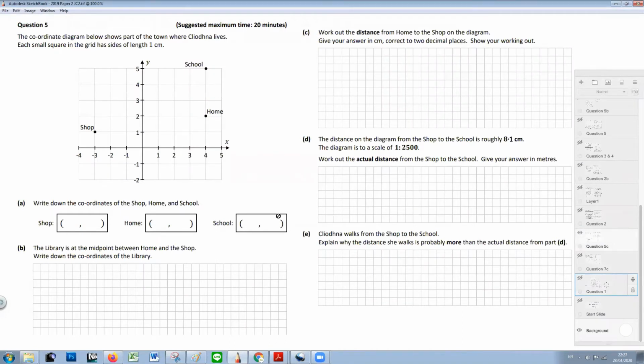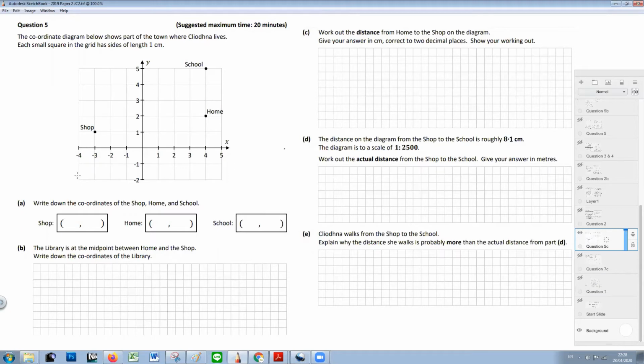So question 5 then, the coordinate diagram below shows part of the town where Clodagh lives. Each small square in the grid has sides of length 1 centimeter. So we know that each of these is equal to 1 centimeter. Write down the coordinates of the shop, home, and school.